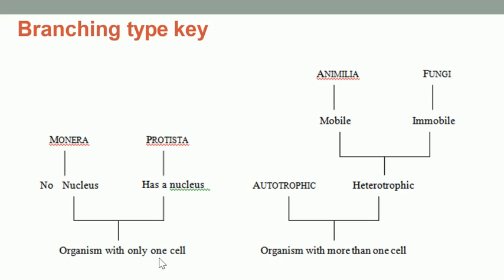Here I will see that the organism has one cell. Further, since the organism has a nucleus, I will move ahead with this branch of the key, and I will identify that the organism belongs to the kingdom Protista. So this is a very simple example of a branching type of key.